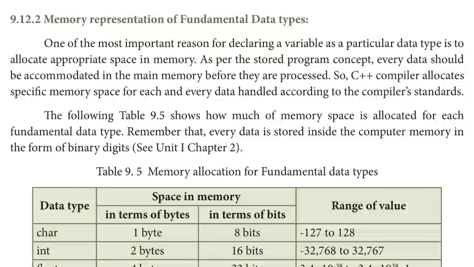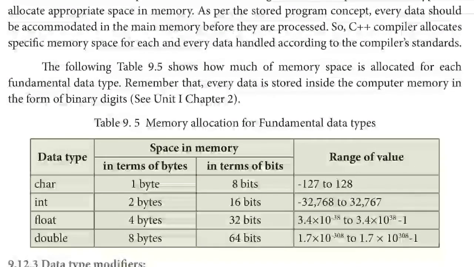Hello students. Today we are going to see this topic: memory representation of fundamental data types. So what is meant by fundamental data types? We have seen in the last class that the fundamental data types are character, integer, float, double, etc. Here you can see that there is a table.